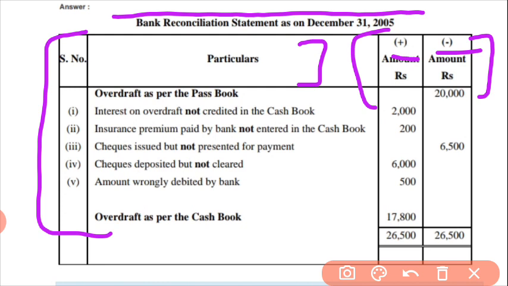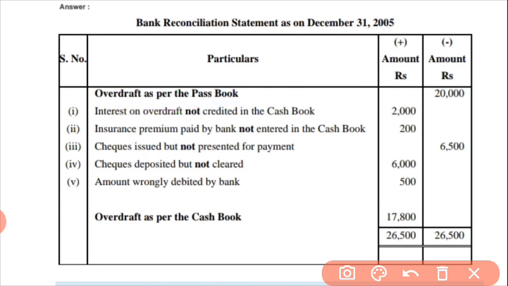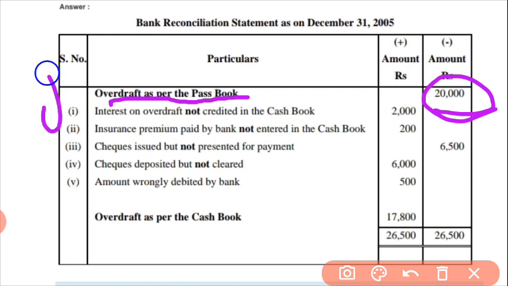Now write overdraft as per passbook. As I have already explained, if the overdraft as per passbook is given, it is recorded in the minus item. After that, the first transaction is interest on overdraft not credited in the cash book. Interest on overdraft is an expense, so in the cash book it will be subtracted, but we are doing it as per passbook, so it will be recorded in the plus item.